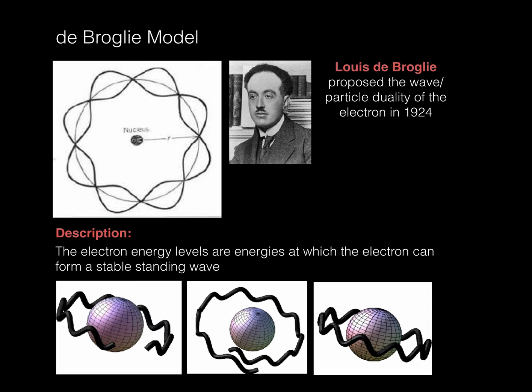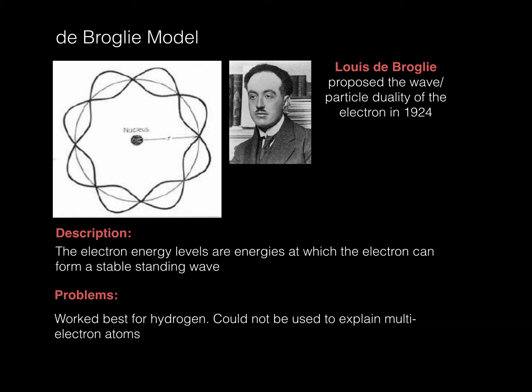It's only energies for which the electron standing wave perfectly is able to complete itself around the nucleus where the electron is able to exist in a stable state. The de Broglie model of the atom worked best for hydrogen. It could not be used to explain multi-electron atoms beyond this first element.